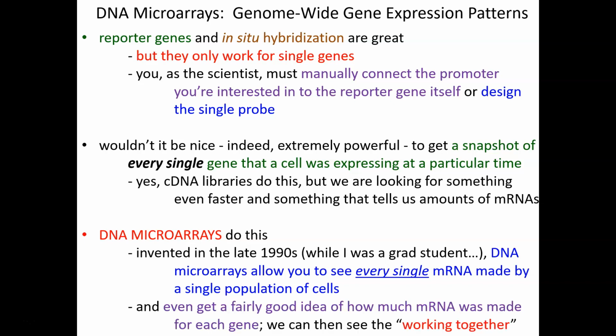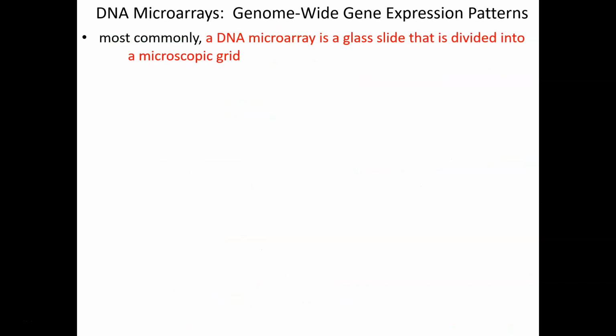And we get from this a very good idea of how much messenger RNA was made in that time as well. So we get some kind of crude semi-quantitative idea of which genes are expressed at a high level, intermediate level, and low level. Most commonly, a DNA microarray is a glass slide that has been created by robotics.